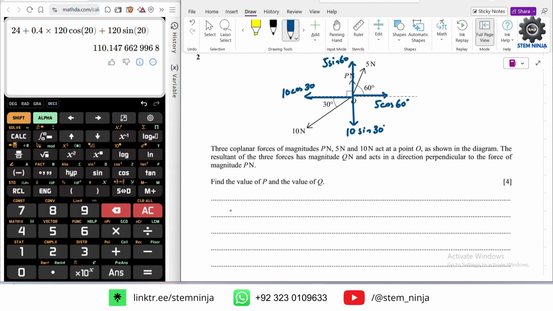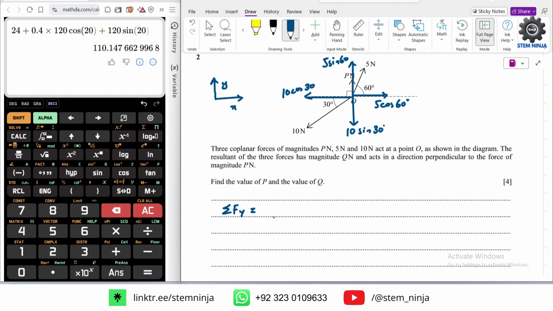Okay. So sum of forces in y, that means vertical forces. Let's say this is the direction y, this is direction x.